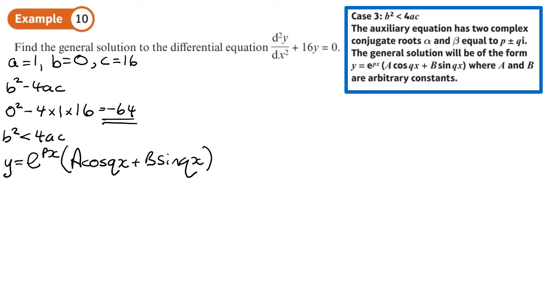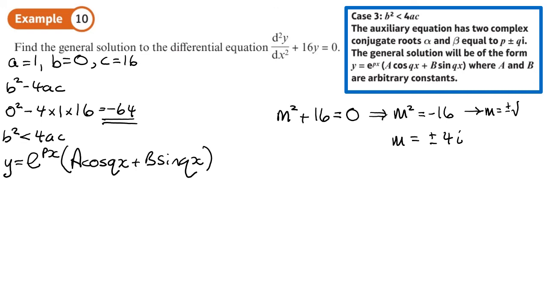Right, let's form our auxiliary equation, which is going to be m squared plus 16 equals 0, which means that m squared is negative 16, and if we square root both sides, m is going to be equal to plus or minus 4i, because you know you're going to have m is equal to plus or minus the square root of negative 16. So that's where we get the 4i from.